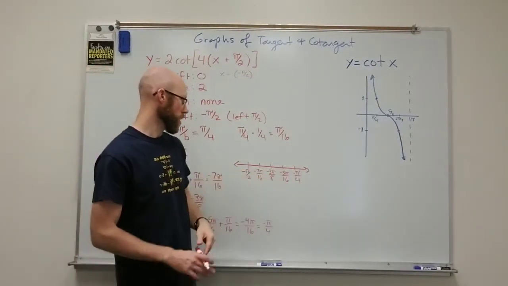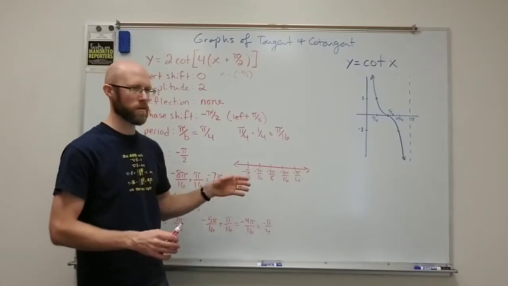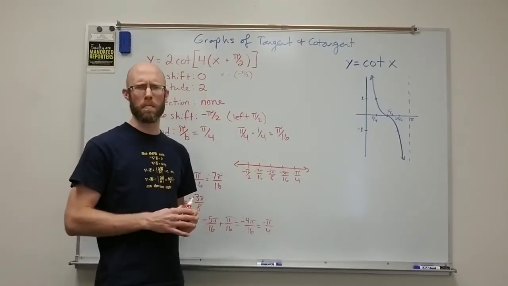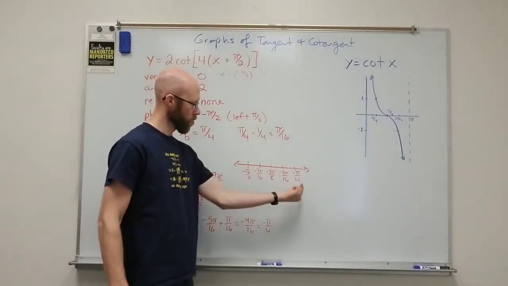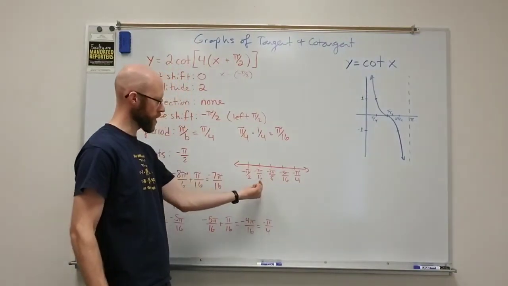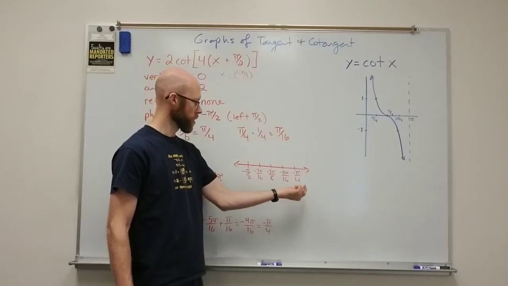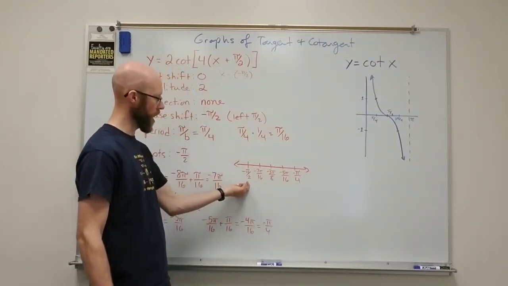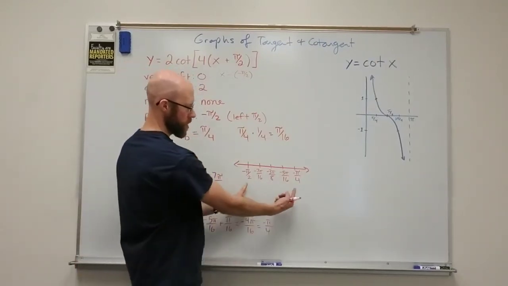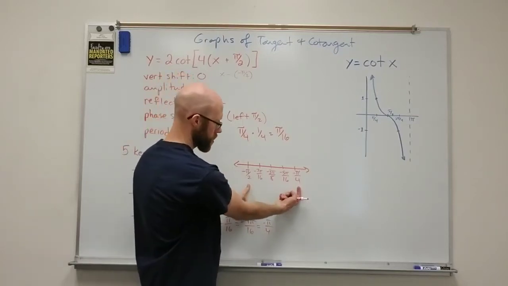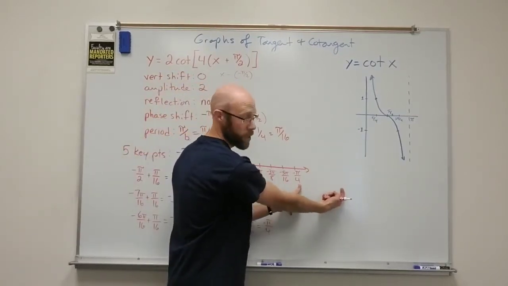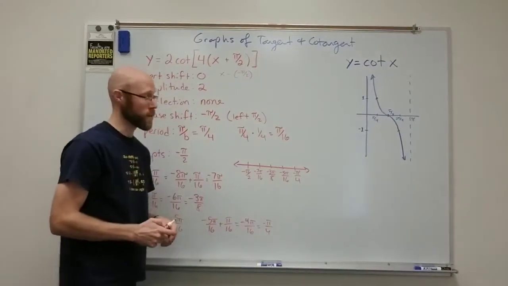Okay, and as I'm looking at this, I'm thinking about my fractions. If you imagine for a moment the pi's not being on there, you've got 1/4, 5/16, 3/8, 7/16, and 1/2 going to the left. So if you go a quarter to a half, that distance from a quarter to a half is the same distance as you would have from the quarter to the y-axis. Okay, so think about it.